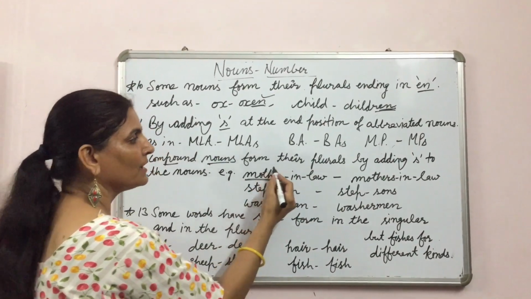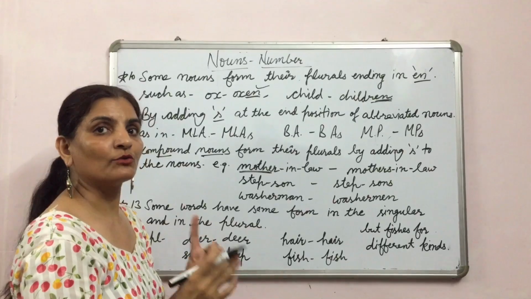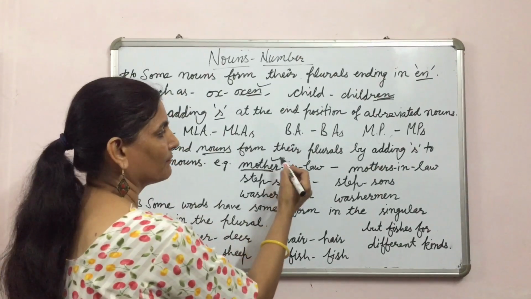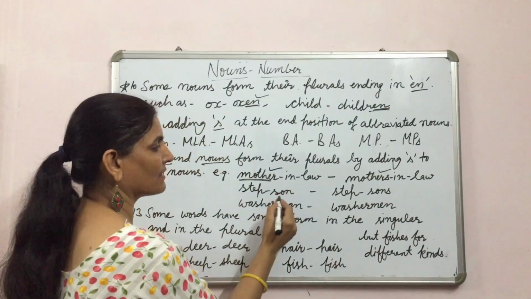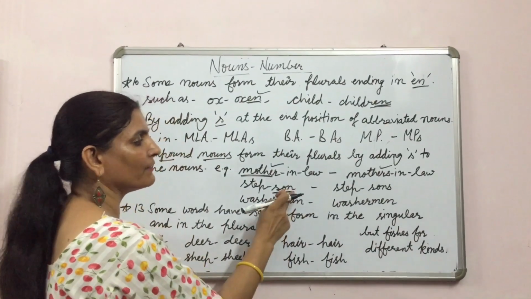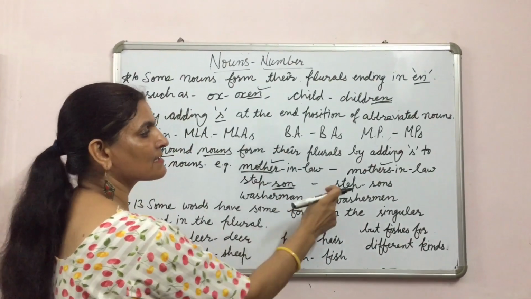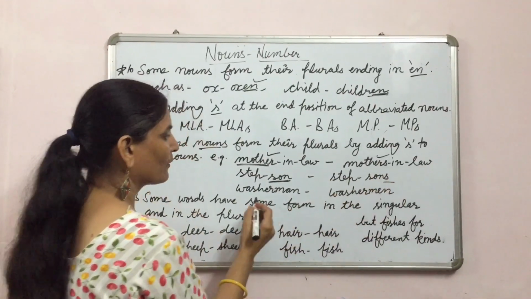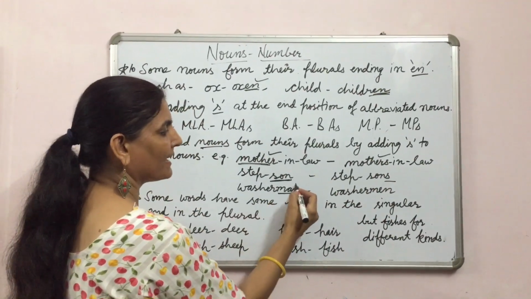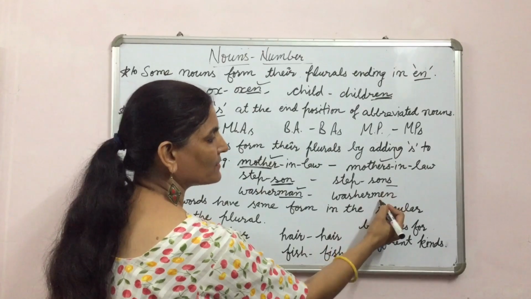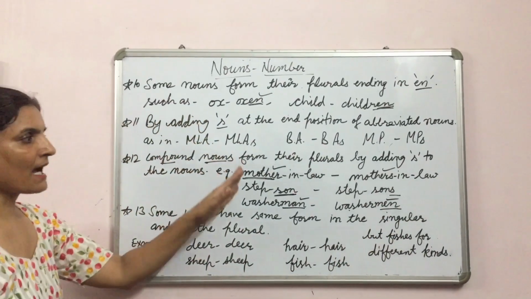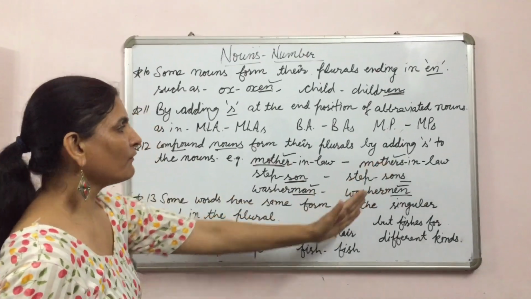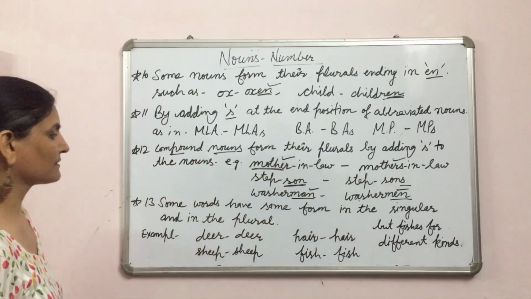Mother is the noun, so we will add S to the noun: mothers-in-law. Stepson, son is the noun here, so we will add S here, stepsons. Washerman. Man is the noun here, so we have changed it to washermen. These are the plural forms of compound nouns.